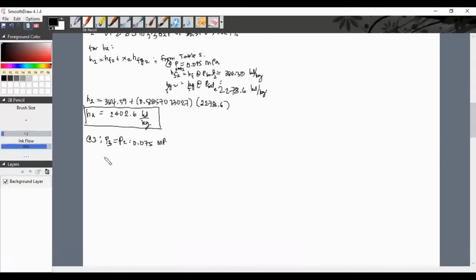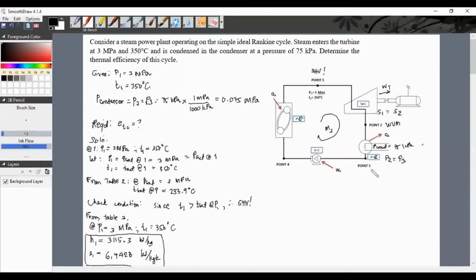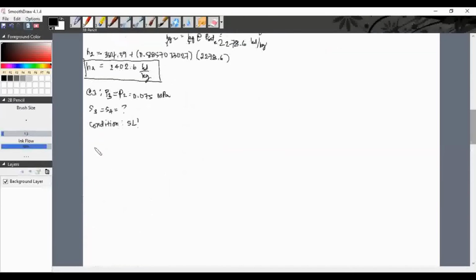And then, we can say that S3 is equal to S4. However, wala pa tayong value niyan. Ideally, ang condition ng point 3 is saturated liquid. O, ayun ha. Tandaan nyo. So, ito. Saturated liquid yan. Pag hindi binigay. So, thus, no?